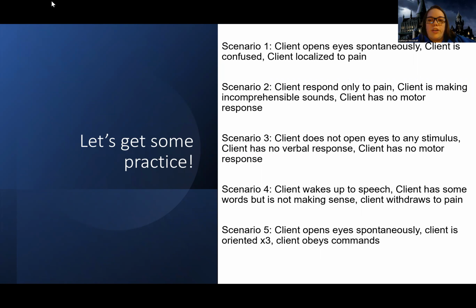So the first scenario here is the client opens their eyes spontaneously, they're confused, and they localize to pain. For each of these, remember I'm thinking 4, 5, 6. Open eyes spontaneously sounds like a very high response, so I believe they're going to have a 4 for that. Client is confused. That's for verbal, and the highest you can get for verbal is a 5, so this person also gets a 4. So it's 4, 4.